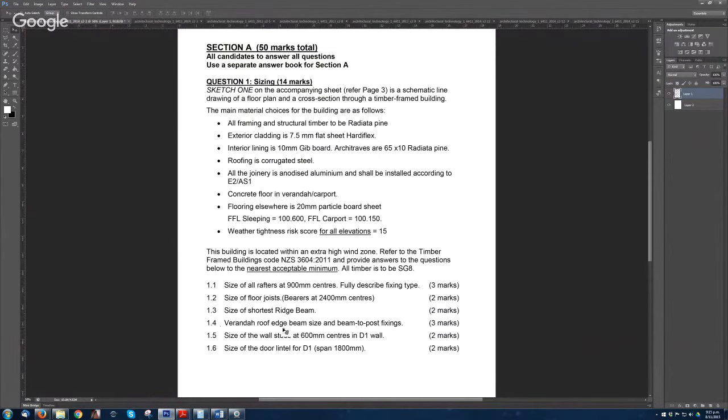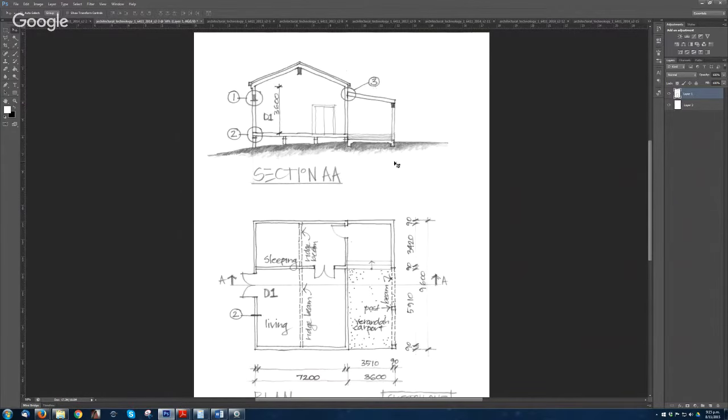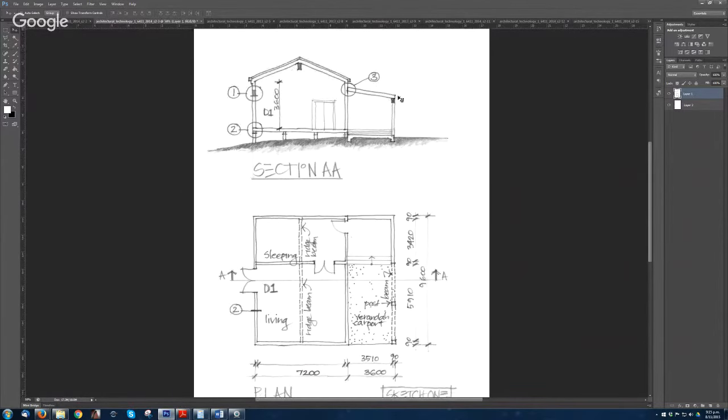So now we're going to veranda roof edge beam size and beam to post fixing. The veranda edge beam, that's this one here. This one that's running along, and it's supported by post.